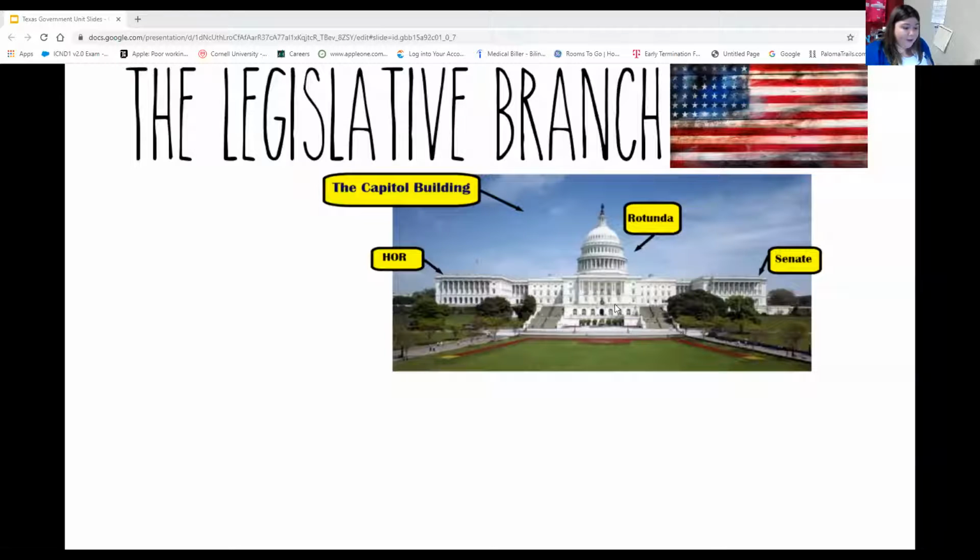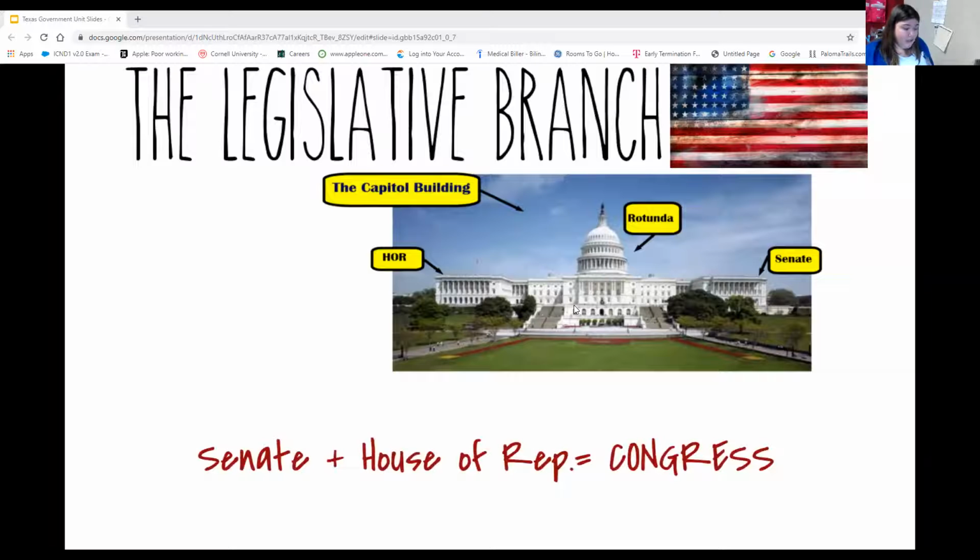Okay, let's go back. So this is the Capitol building. This is what we see. We have House of Representatives, the Rotunda, and the Senate. So the legislative branch is made up of two houses, the Senate and the House of Representatives. That makes up the Congress.